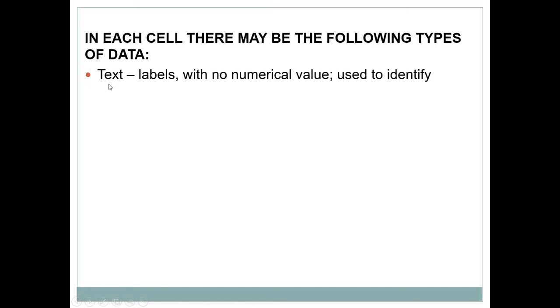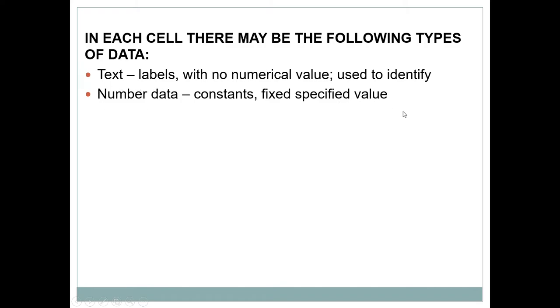That would be an example of text data. Of course, we will also have number data, and these are fixed specified values. The specific employee ID numbers would be numerical or number data.